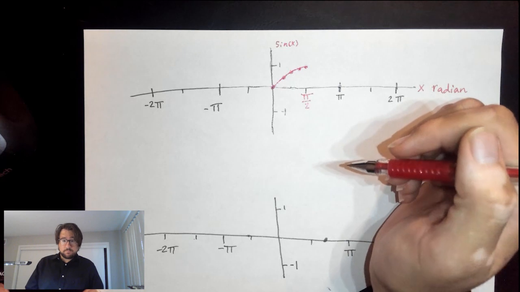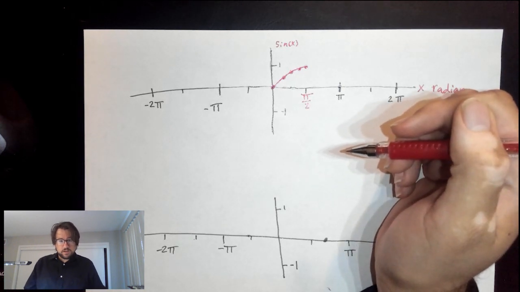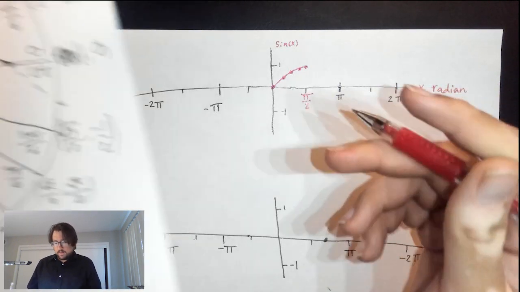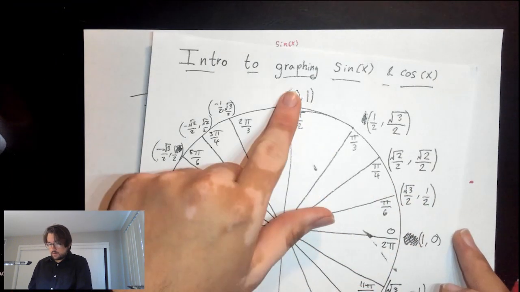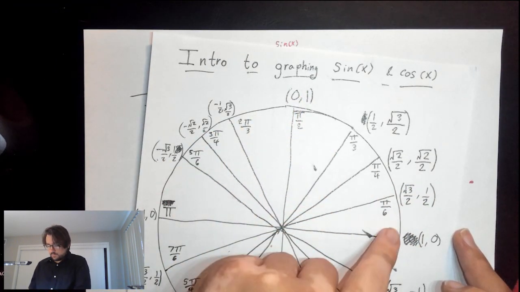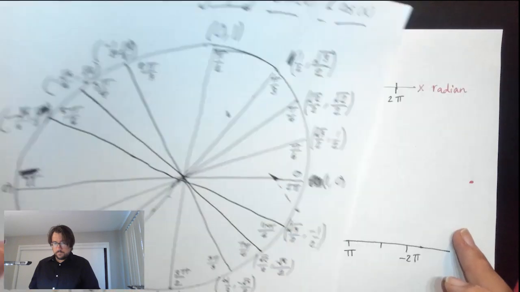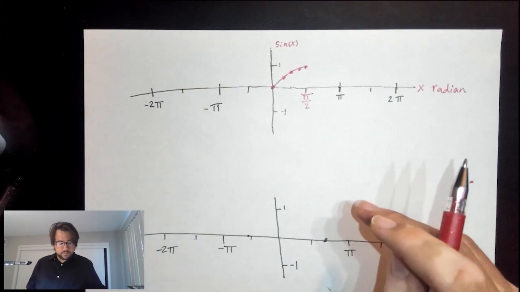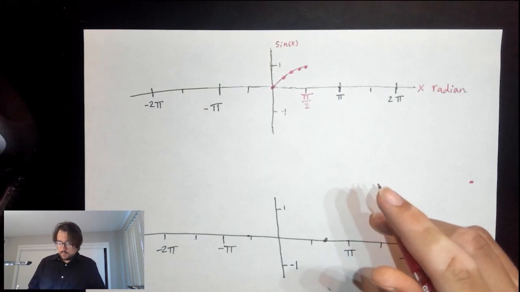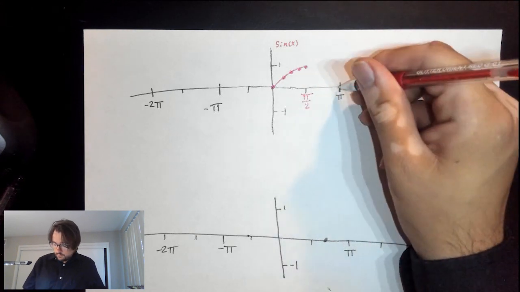For the sake of time, I will now graph just the points on the axes. So the sine of pi is 0.